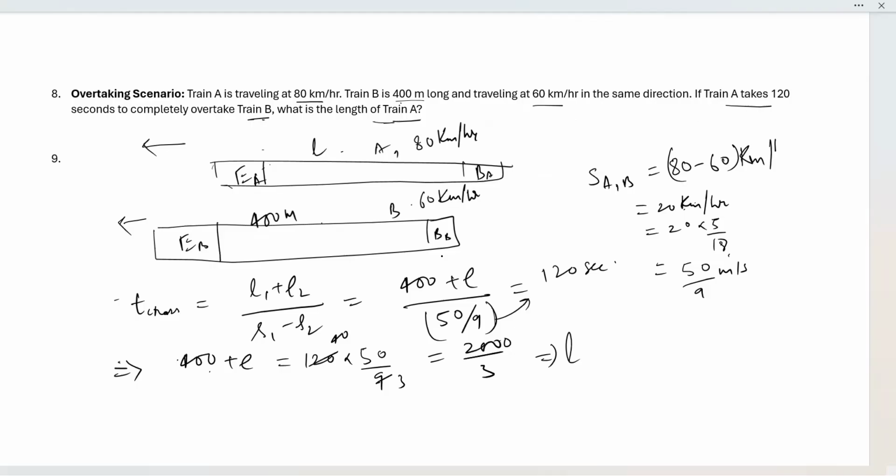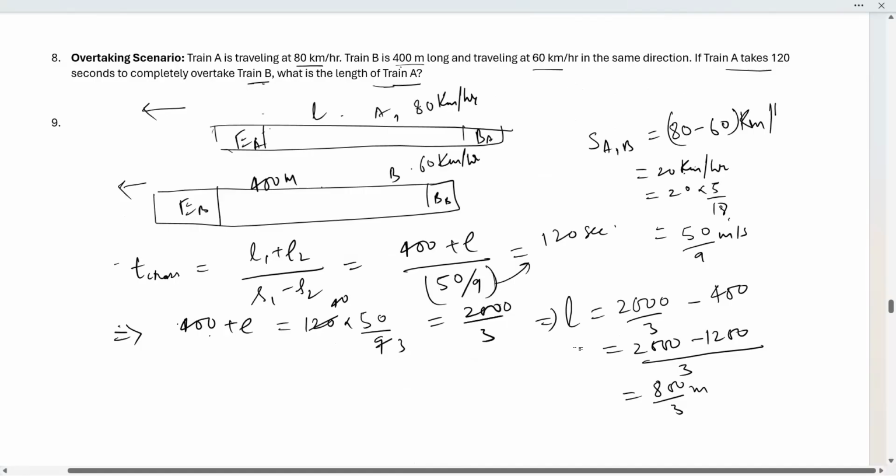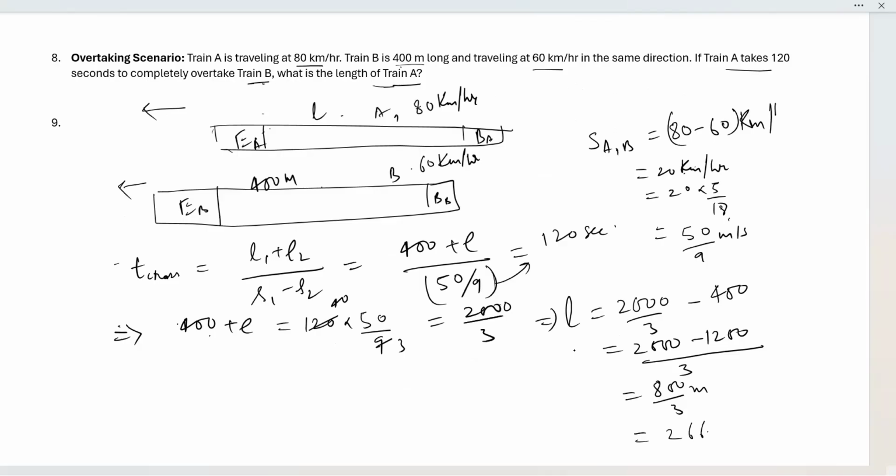So L comes out to be 2000 by 3 minus 400. It is 800 by 3 meters. The length of train A comes out to be 800 by 3 meters. So roughly it's 266.67 meters.